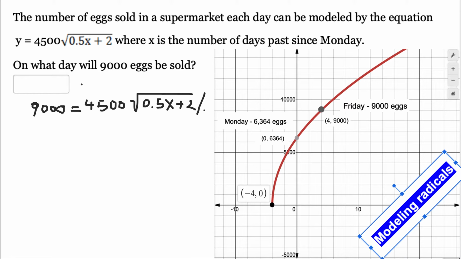I divide both sides by this number here, 4500.